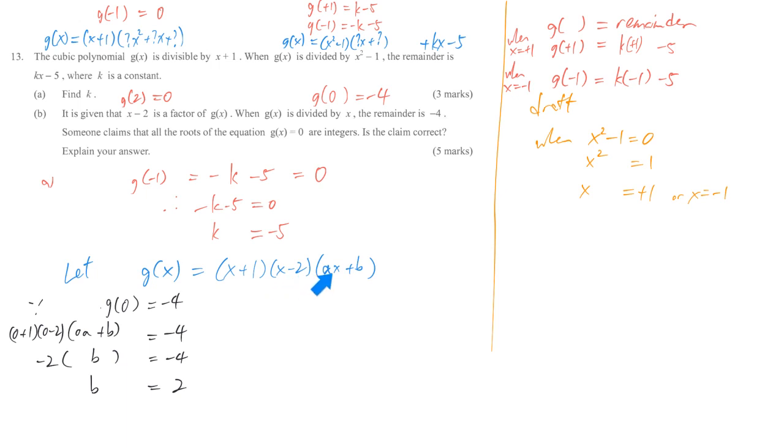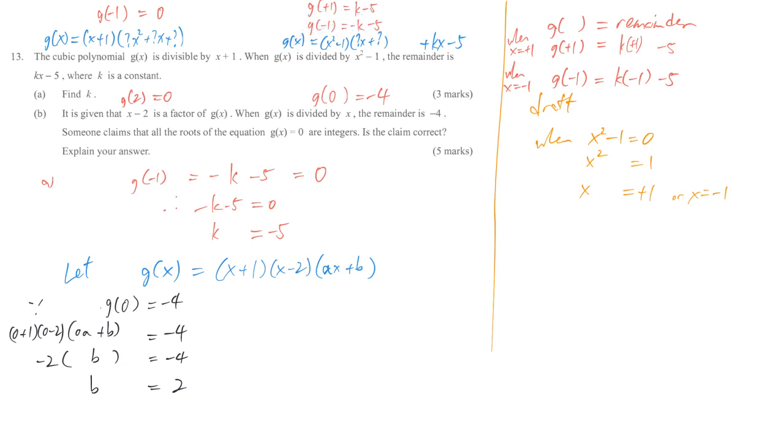Obviously, we need one more piece of information in order to get the value of a. So we search here. We already used this one, and also this one, these two let us write it in factor format. So this one is already used. Now the only one we didn't use is g(1).